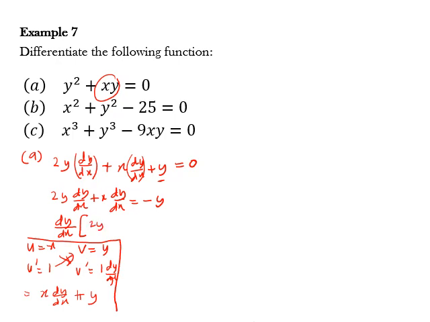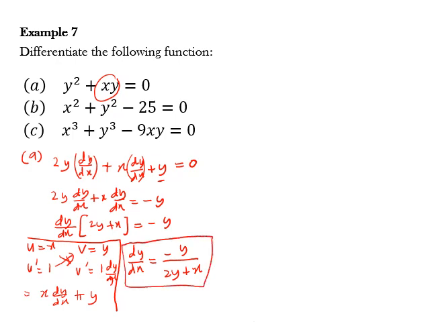You'll get (2y plus x) dy/dx equals negative y. So we move 2y plus x to the right. Get negative y divided by 2y plus x. So this is the answer for your dy/dx. So the key is you need to multiply by dy/dx every time you differentiate y.